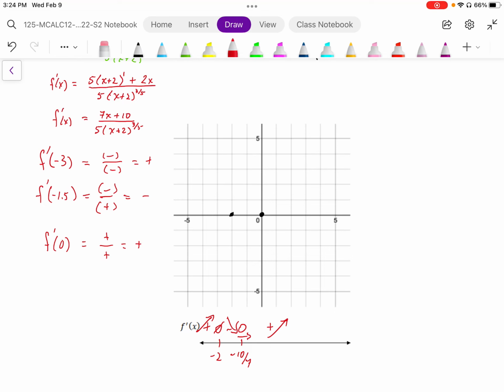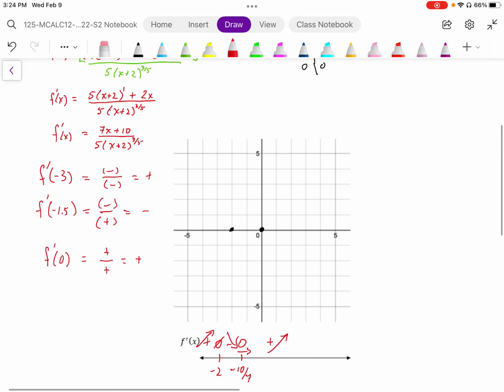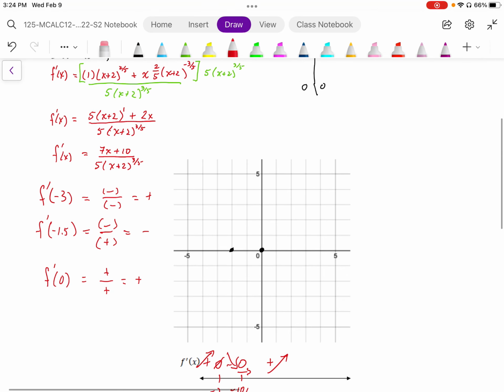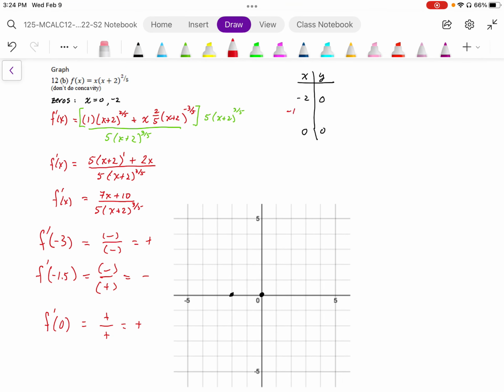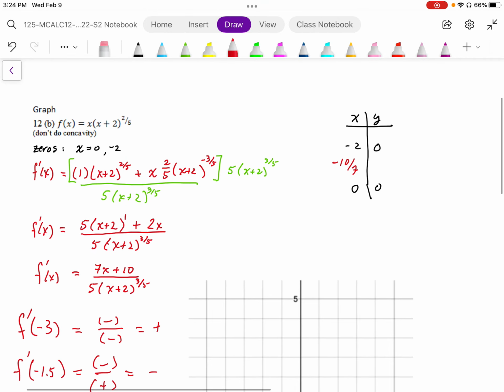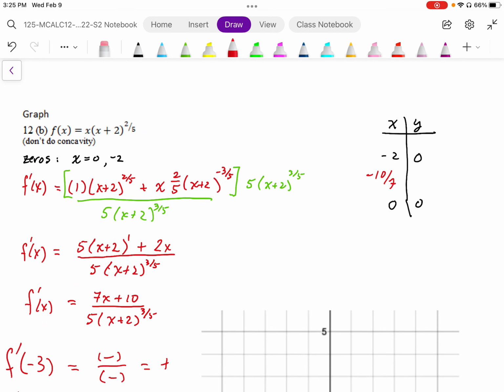Okay, so I probably should find the y coordinate of my minimum point, which is going to be at x equals negative 10 divided by 7. Plugging that into my equation, I'm going to have to do it over here. So f of negative 10 over 7 becomes negative 10 over 7 times (positive 14 over 7 plus negative 10 over 7) to the 2/5.